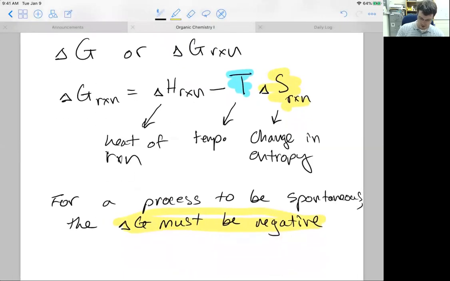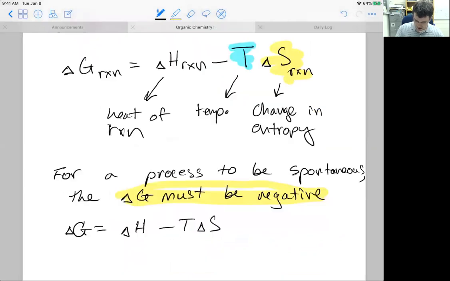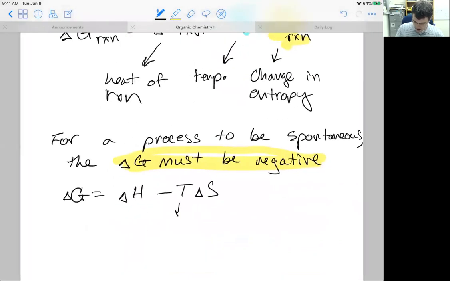So if we look at the equation up above, delta G equals delta H minus T delta S, okay? So T is always, right? We'll probably use Kelvin. Okay, I'm not going to worry about it. I was about to say it's always positive. I think it is. I think you have to use Kelvin now that I think about it.